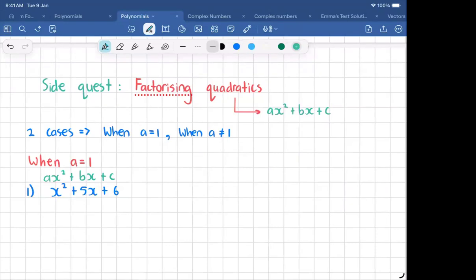X squared. Now, a is not x squared. A is the number in front of x squared. 1. Yeah, because how many x squareds are there? There's 1, so it'll be 1. Exactly. You're not seeing it, but it's 1x squared. So this is an example of a simple trinomial. Do you understand why I'm calling that a trinomial? So you had 3 terms. Yeah.